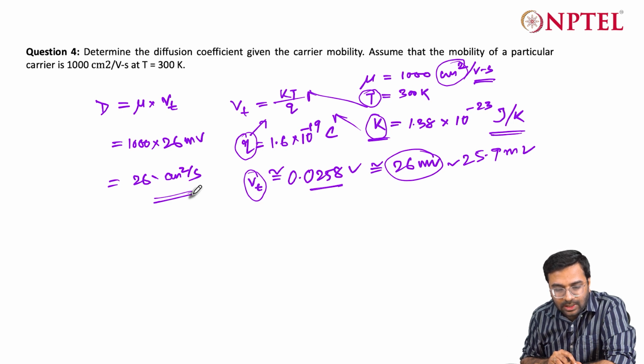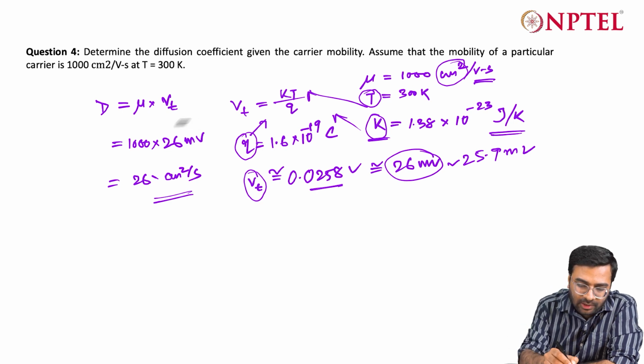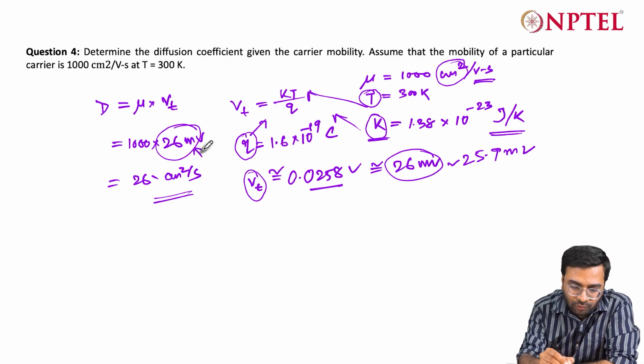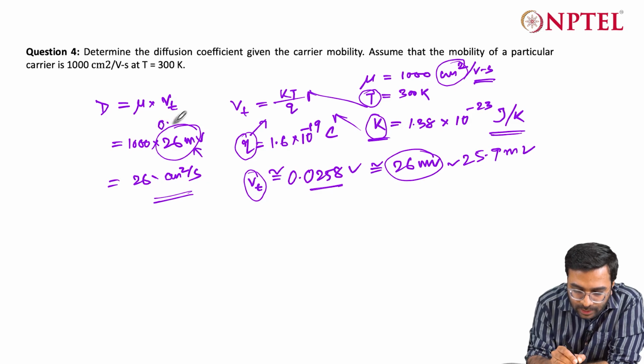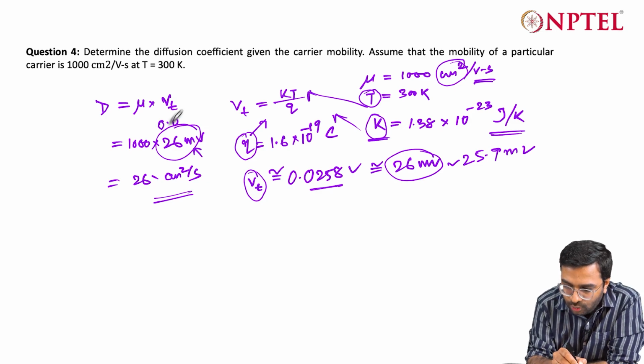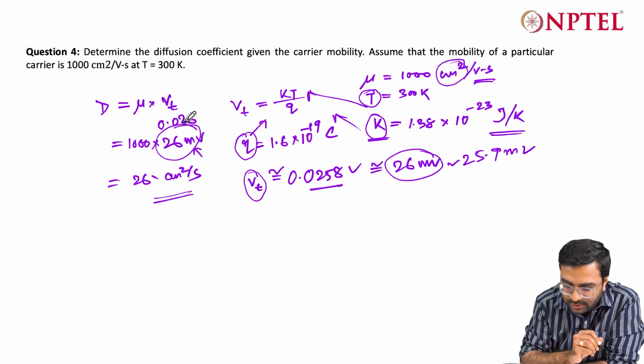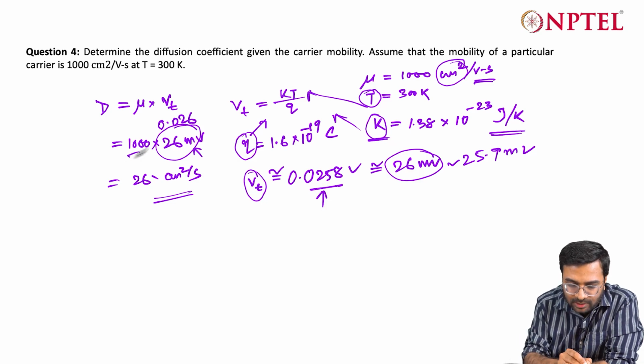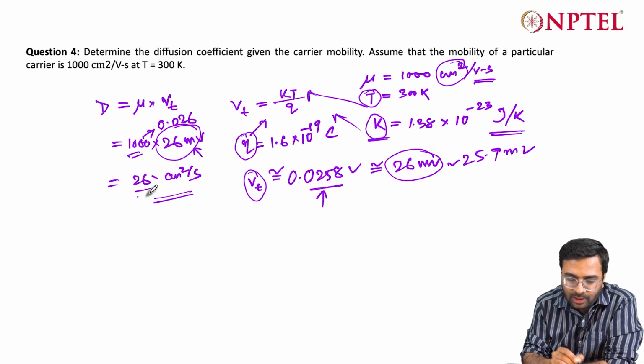One thing you should note here: the value I have written is in millivolt, and technically I should write this value in volt, which is 0.026. If you multiply this with 1000, it will be around 26.